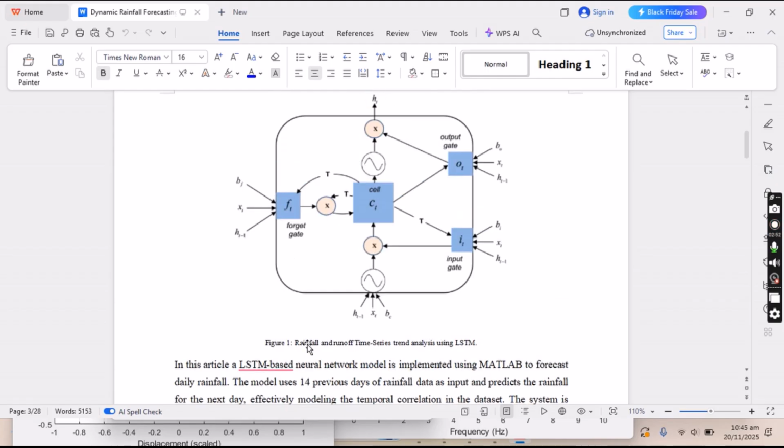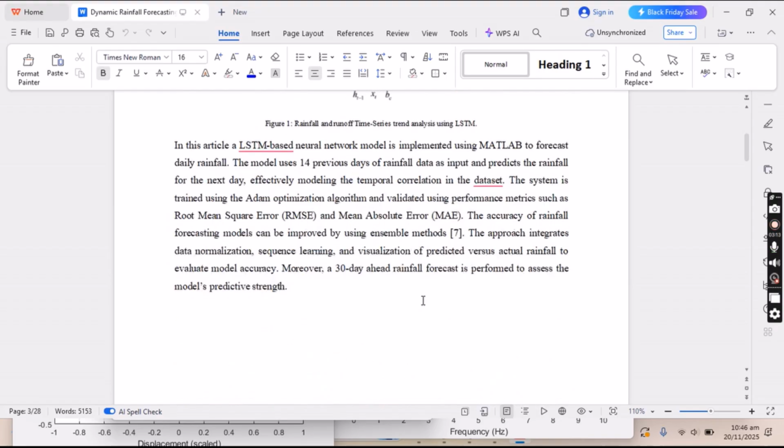These are the first introduction images, which show how the rainfall and runoff time series trend analysis is done using the long short-term memory neural network model. These are the forget gate, the cell gate, the output gate, and the input gate as well.